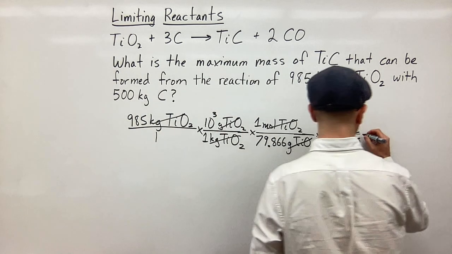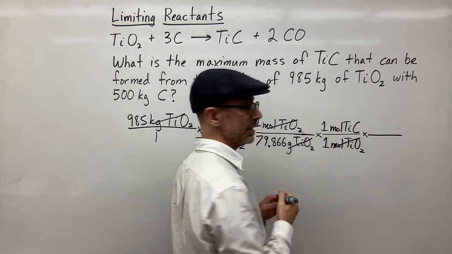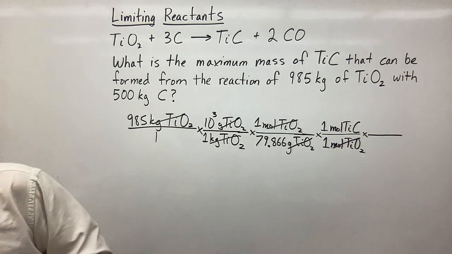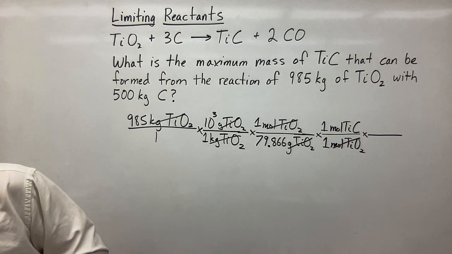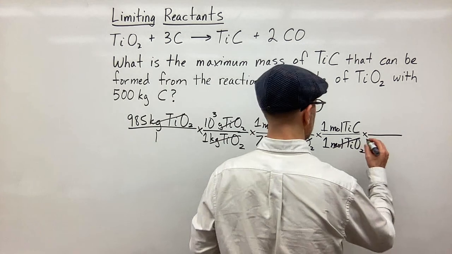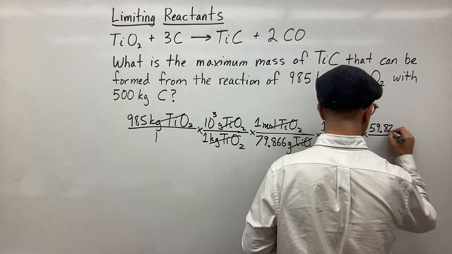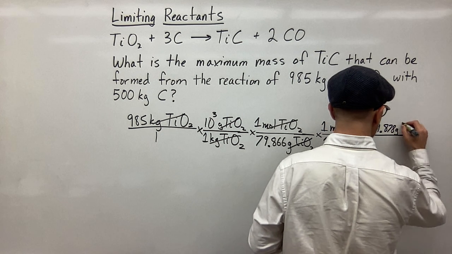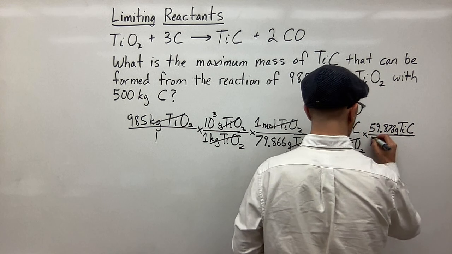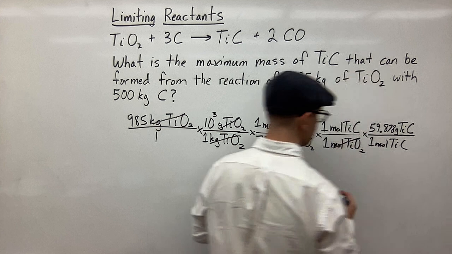So the next conversion factor is going to convert moles of TiC to mass of TiC in grams. Again, I'm going to use the molar mass. If I look at the molar mass of TiC, it's going to be 59.878. So I'm going to have 59.878 grams of TiC on top, and then 1 mole of TiC on the bottom.